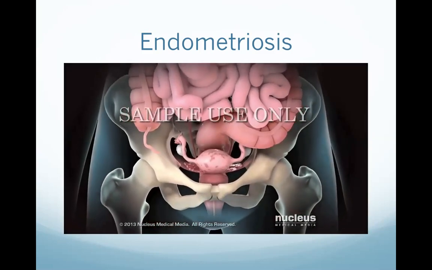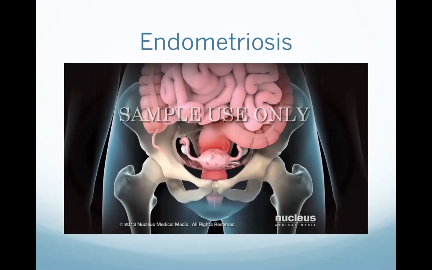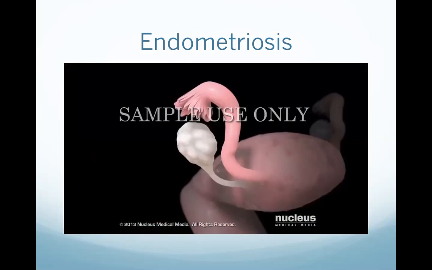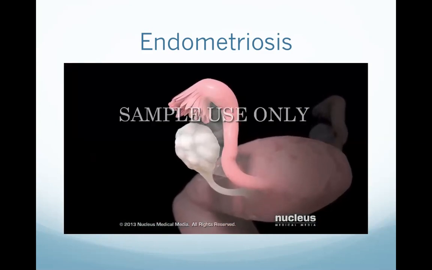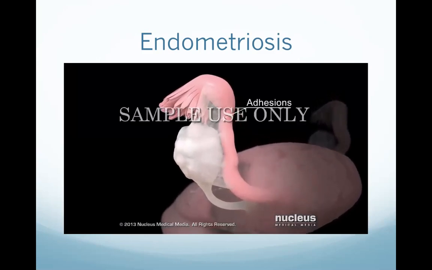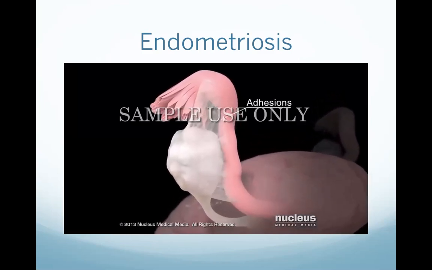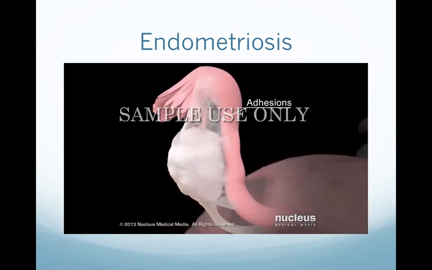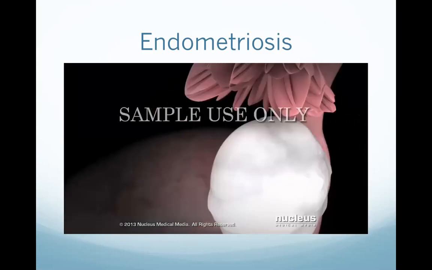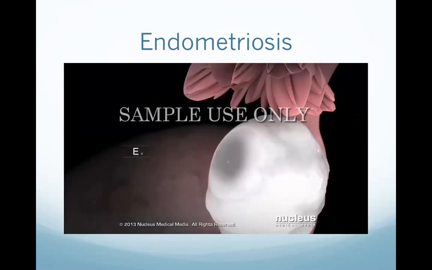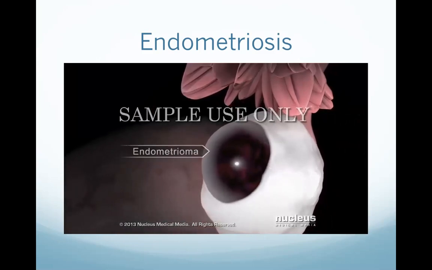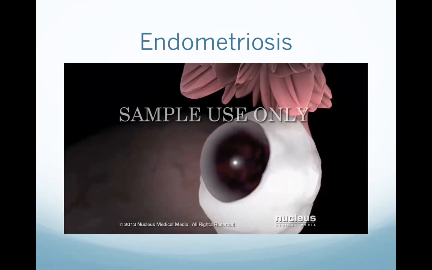The trapped endometrial flow can irritate the surrounding area, causing inflammation and pain. Bands of scar tissue, called adhesions, may form, sticking one organ to another or causing your fallopian tubes to close. This can affect your fertility, which is the ability to become pregnant. Endometriosis can form endometriomas, also known as chocolate cysts. These cysts are fluid-filled sacs on your ovaries that can affect fertility.